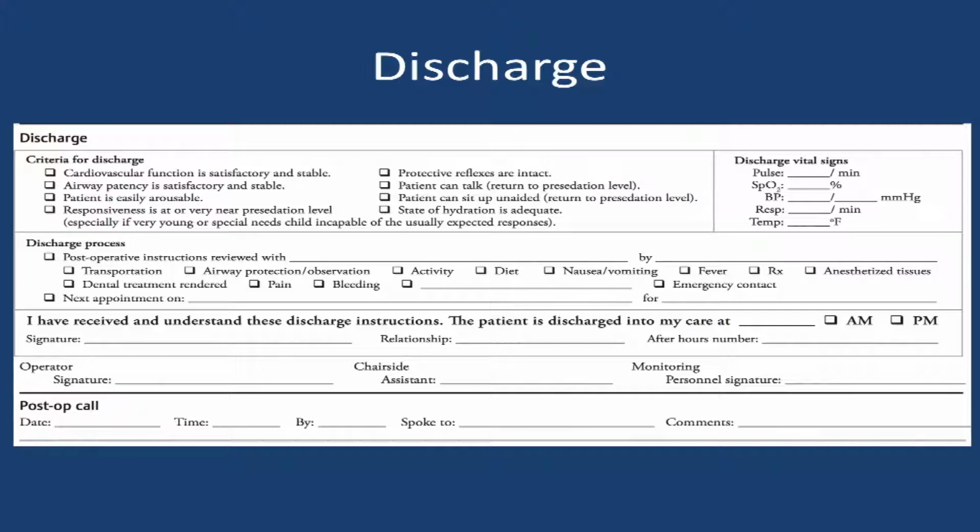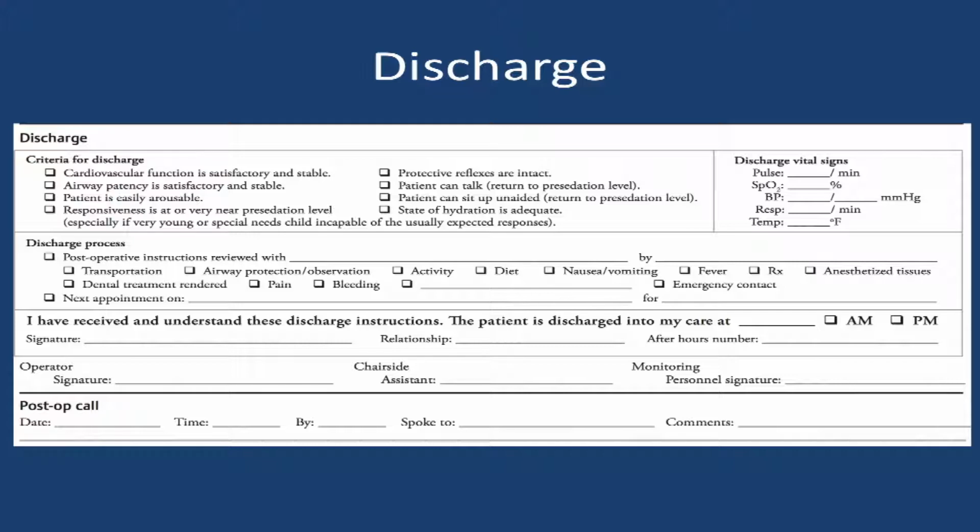Patient is easily arousable. The patient can sit up unaided and return to pre-sedation levels. The responsiveness is at or very near pre-sedation levels, and the state of hydration is adequate, especially if the patient is a very young or special needs child incapable of usually expected responses.